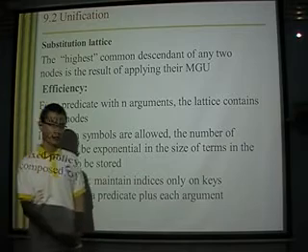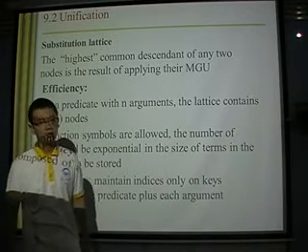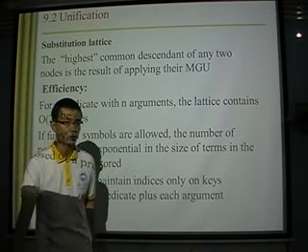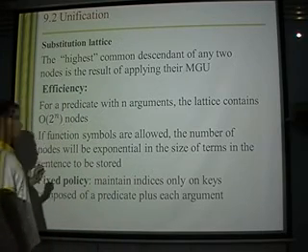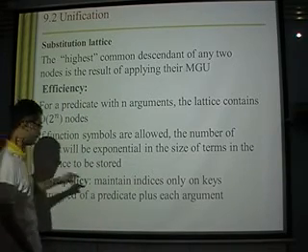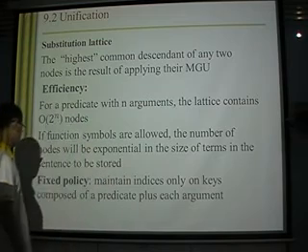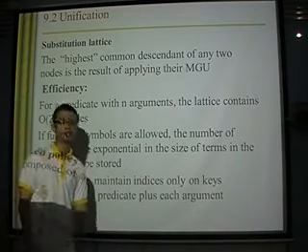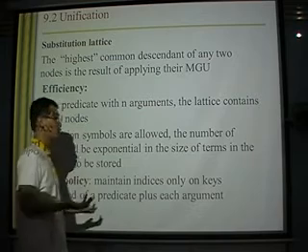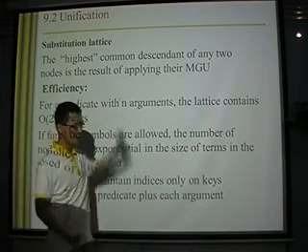But the good news is, in practice, the number of arguments in the predicate is often bounded, so there is no need to worry about this. What we have to do is to maintain the indexes only on keys composed of a predicate plus each argument in the sentence, and there is no need to worry about the n arguments.